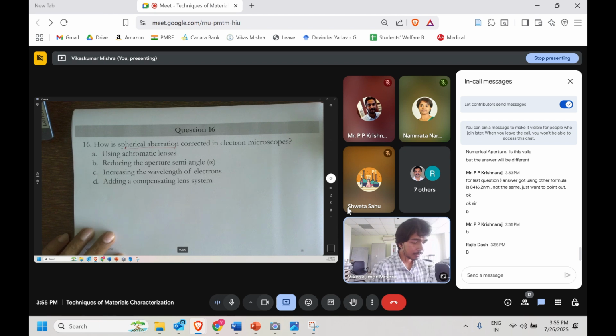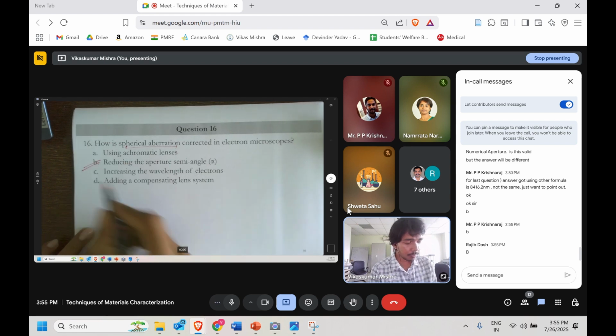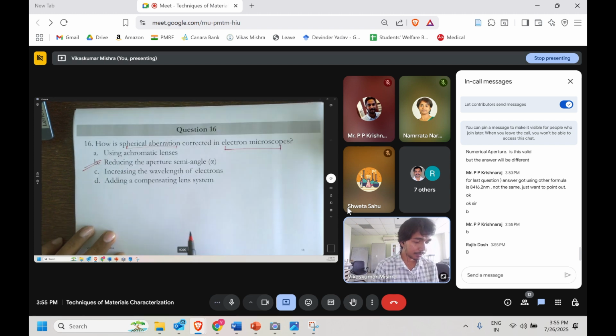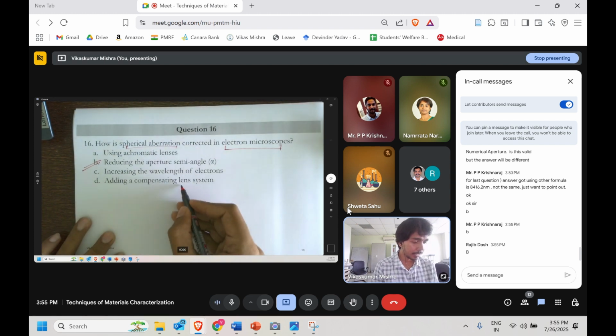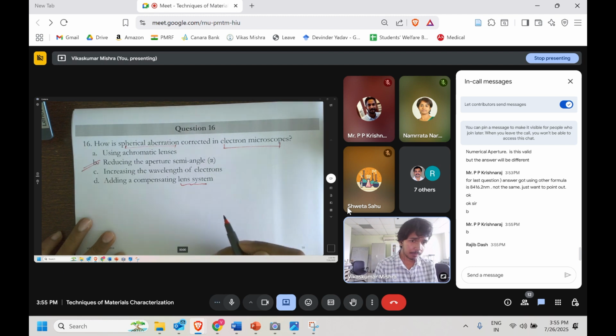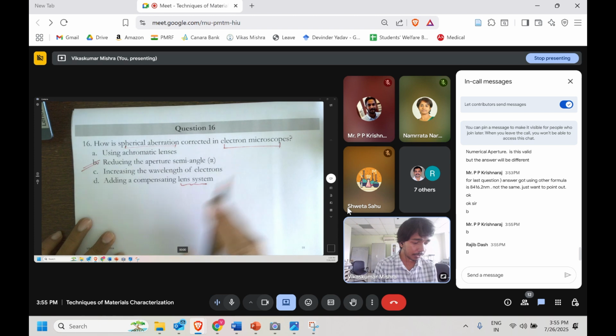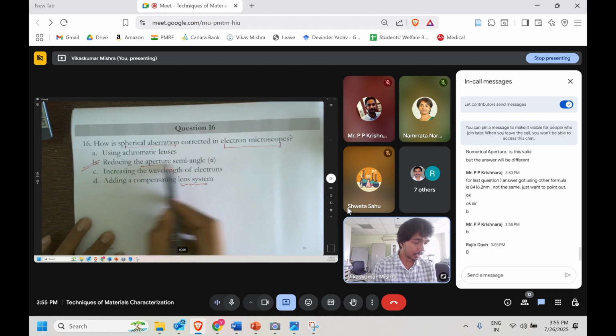Reducing the aperture semi-angle. Yes, Rajiv. Yes, Krishna. That is right. So by decreasing the aperture, we are talking about electron microscopy. By adding the compensating lens system, no, this is not the one. This we usually do in the optical microscope. For electron microscopy, we can decrease the aperture.